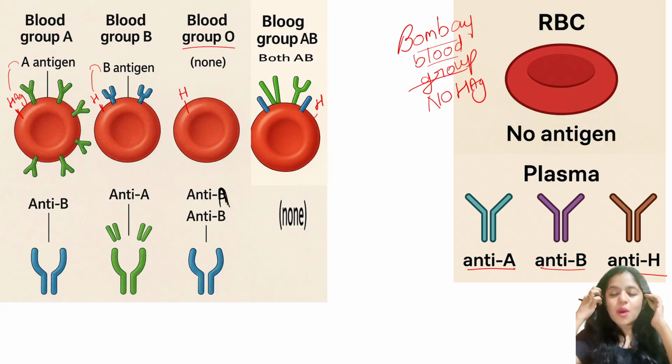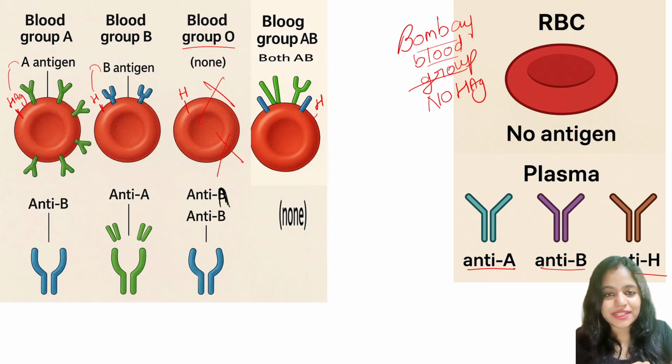While testing conventional blood groups, we mostly don't check for the Bombay blood group. So by mistake, if you have considered your Bombay blood group as O and you have given this RBC to this person, what will happen? This has the H antigen and this has the anti-H antibody. Destruction. It will destroy this RBC. That's why there was that transfusion reaction.